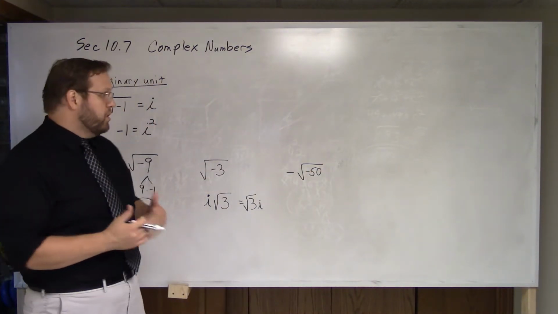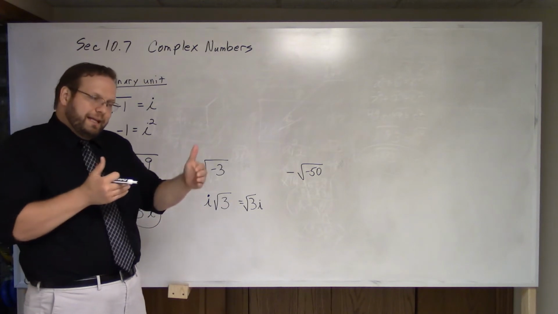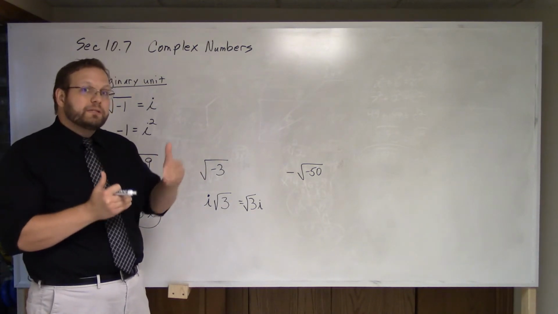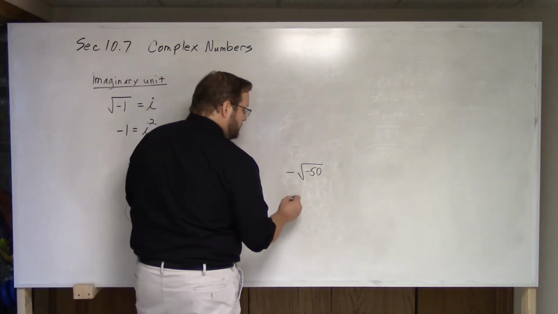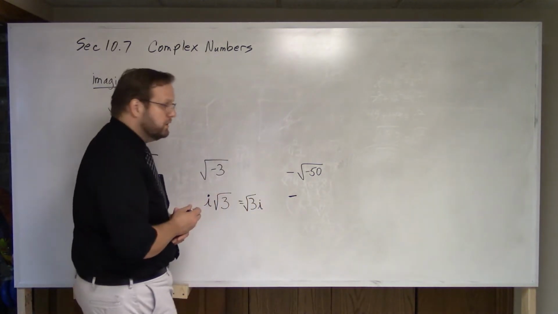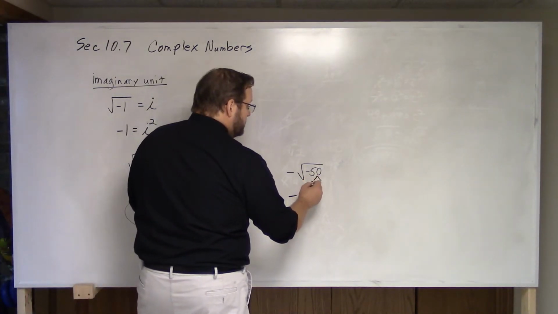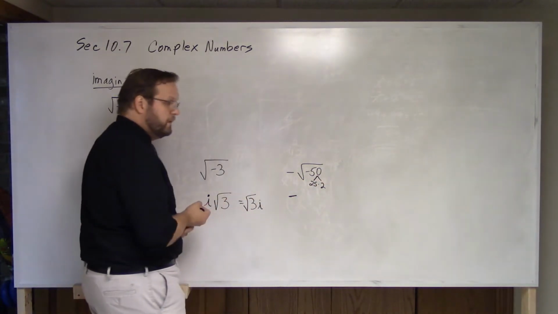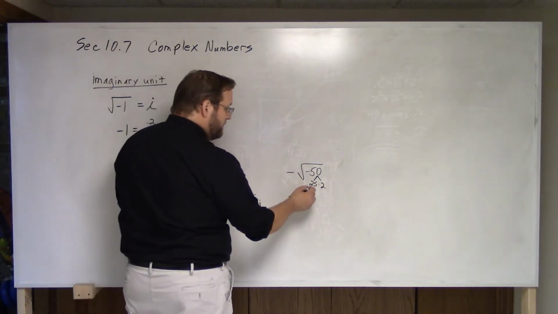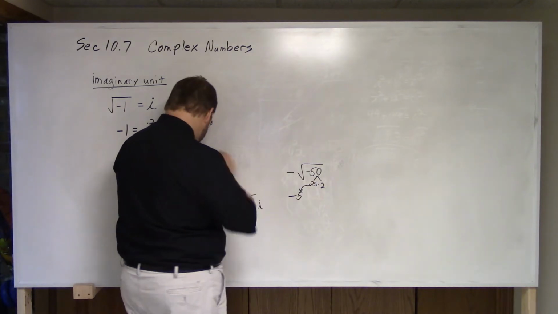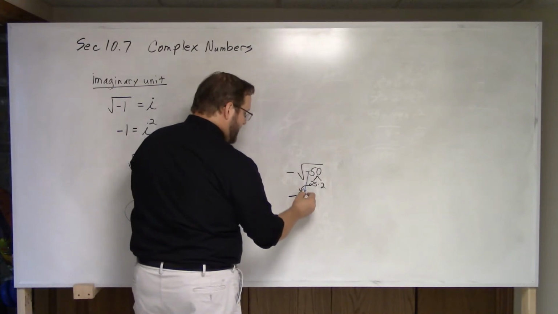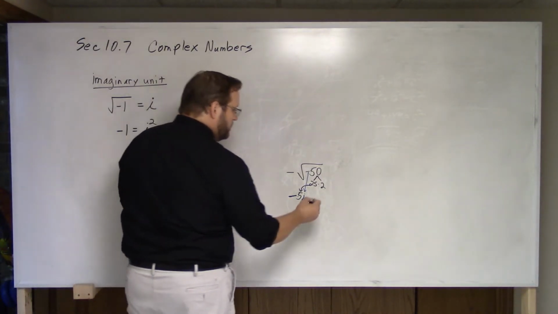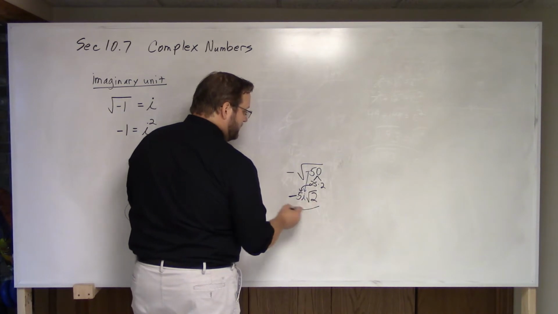Now a lot of people think, oh, two negatives make a positive, but they don't intermingle like that when one's outside and one's inside of a radical. So what we're going to do is keep that negative there, break this 50 up into a 25 times 2, square root of 25 comes out as a 5, this negative comes out as an i, and then the 2 stays inside.